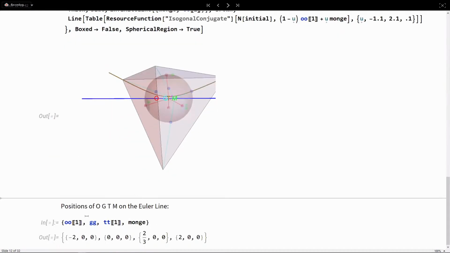And the points have a different distance relationship in the tetrahedron. Here, the centroid is the midpoint of the Monge point and the circumcenter, and the 12-point center is at a 2/3 relation instead.